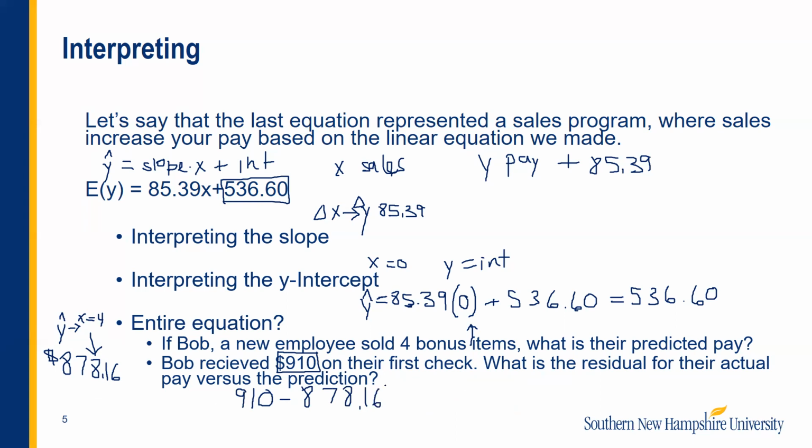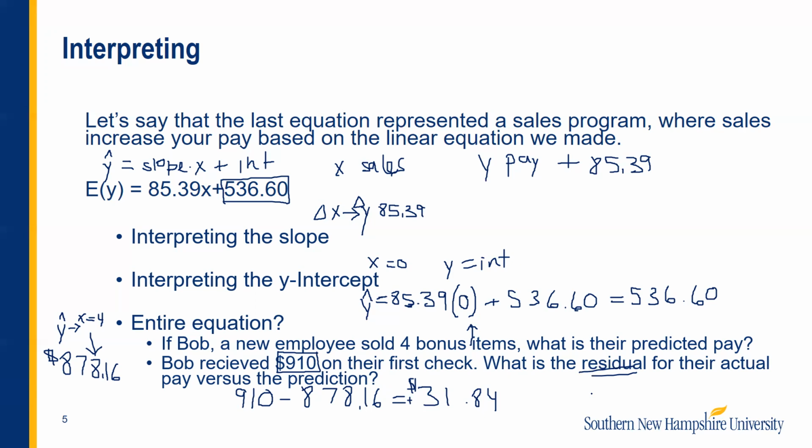So real minus predicted, and we would see that 910 minus the 878.16 is going to be $31.84 above the average pay, a positive number because it's above average. So that's our residual. That's the difference between what he made and what the average said he would make.